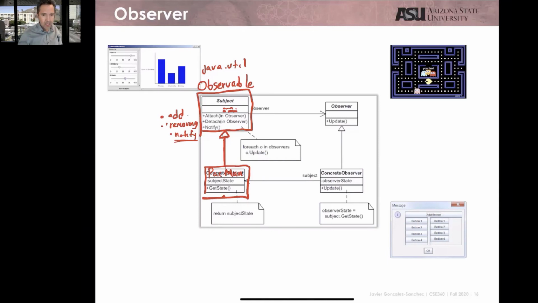Adding, removing, notify, even the data structure in which you are going to store the reference to the people that are observing you. All those things are not part of the Pacman. All those things are not part of this class that is solving a particular problem. But all those things can be in a parent class.